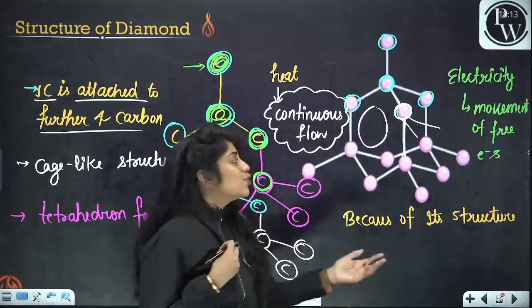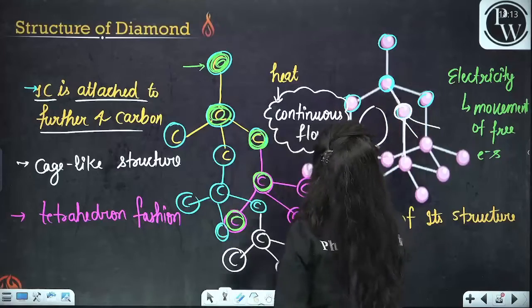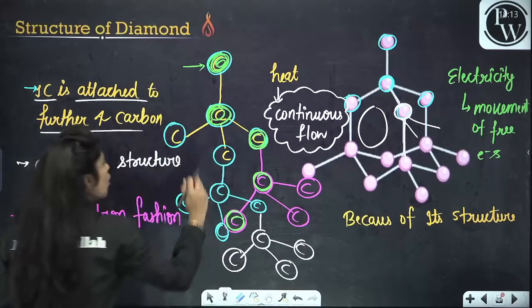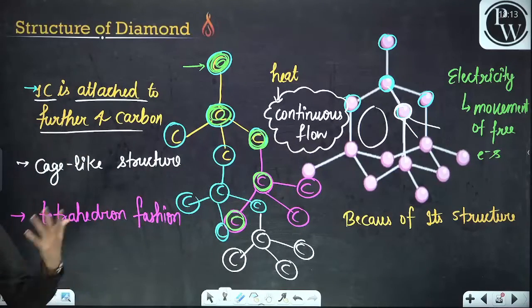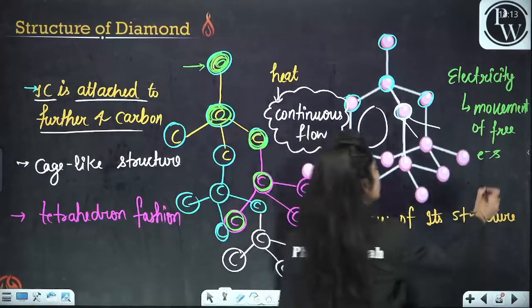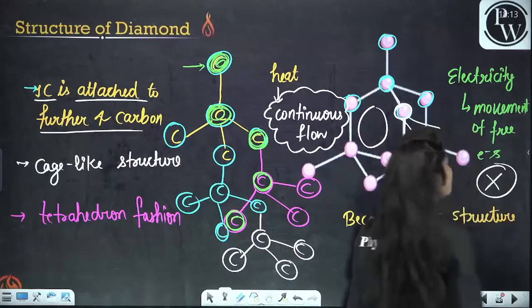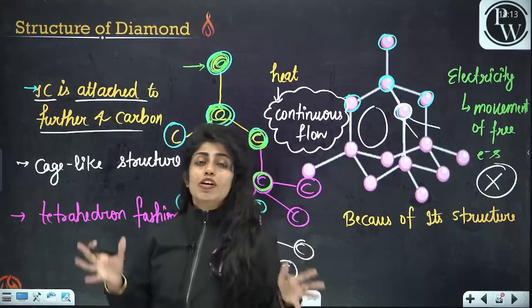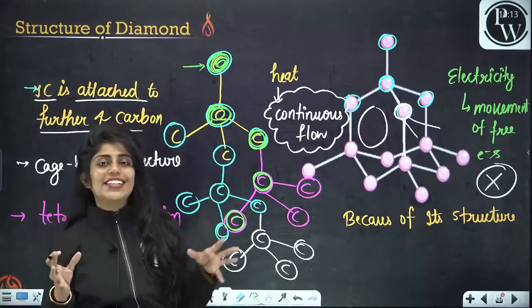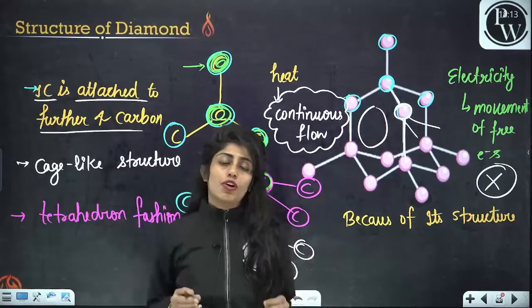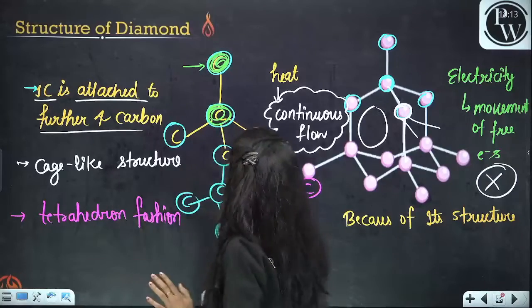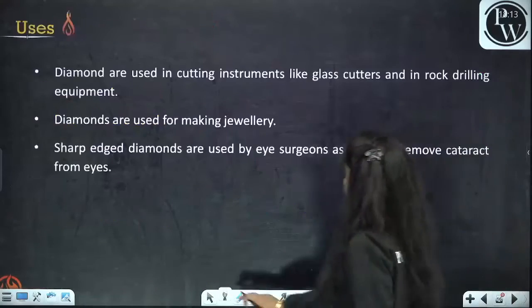No, of course. All the electrons are utilized in forming the covalent bond to the next neighbor carbon, so there is no presence of free electrons. There will be no movement of electrons, and it is considered to be a bad conductor of electricity. Are we good? This can be important for you.